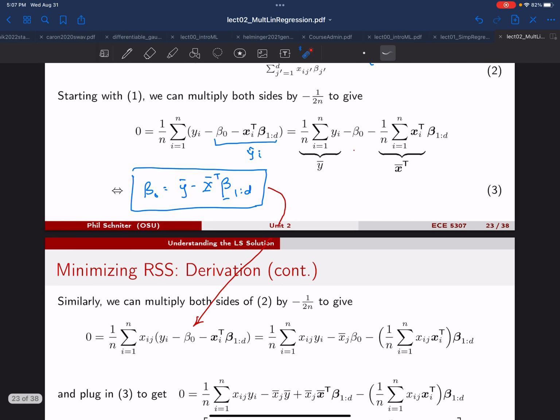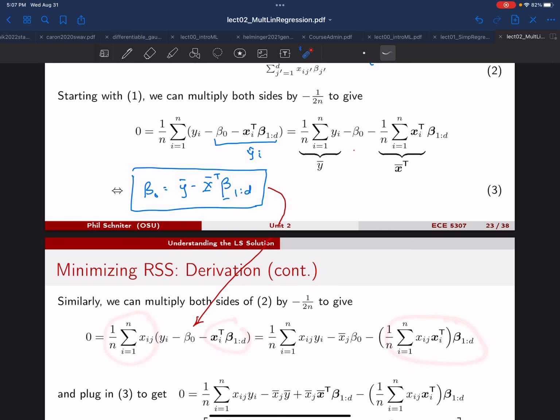Let's distribute it first. So we distribute the sum, we get these terms. If I look at this without anything else, this is just going to be xj bar. And finally, we have this times this.